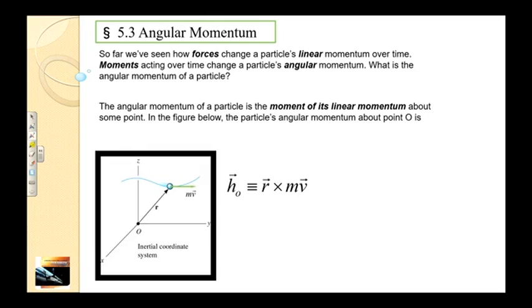A moment was R cross F. Our angular momentum is going to be R cross our linear momentum. So someone came in there, they really wanted their name on something. They're like, I'm just going to R cross something that's already been defined. Come up with a new theorem. Angular momentum.